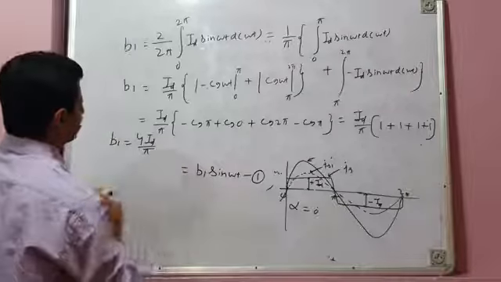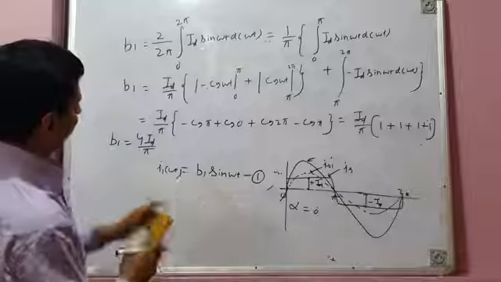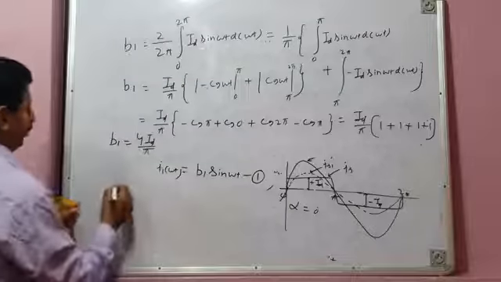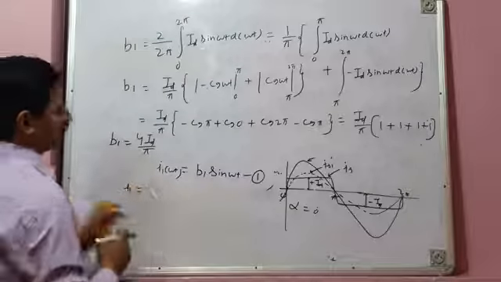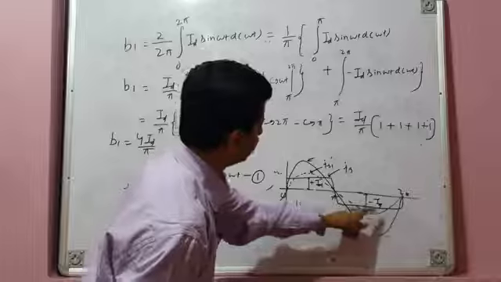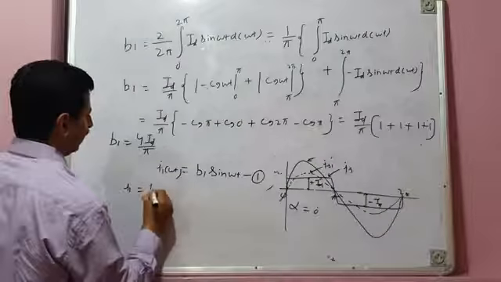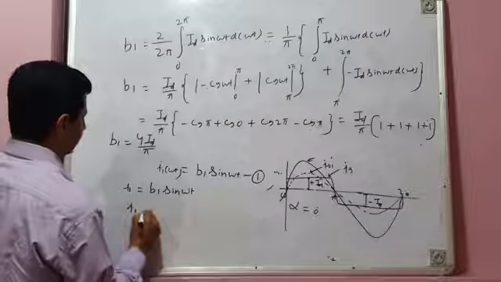So what is your I1 omega t? From equation 1, I1 omega t is B1 sin omega t. So substitute it here. So I1, that is the instantaneous value of the fundamental component of source current, I1 is equal to B1 sin omega t. What is B1?